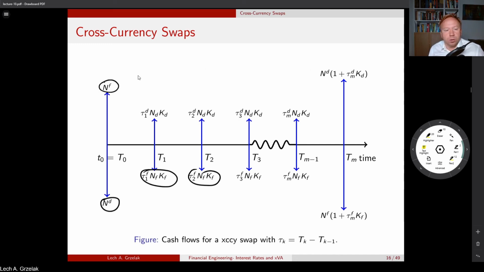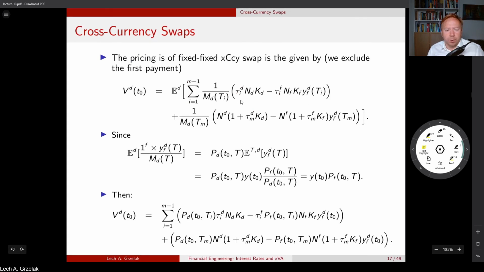At the end, the ultimate goal is that we have cash flows in different currencies. We receive something in domestic, we pay something in foreign, and we have to value this contract. Of course, we have to incorporate the FX rate that is used to transfer the foreign payments into domestic payments. This is something that we will do right now.